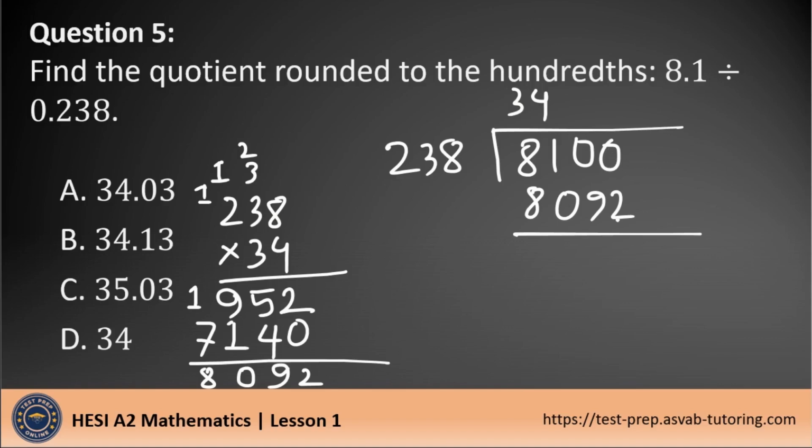So 0 is less than 2, so we will borrow 1. It's a 10. 10 minus 2 equals 8. Now we have borrowed 1, so it's a negative 1, so we'll borrow from the next digit. So it's a 10. 10 minus 1 equals 9. Now it's a 9. 9 minus 9 equals 0.